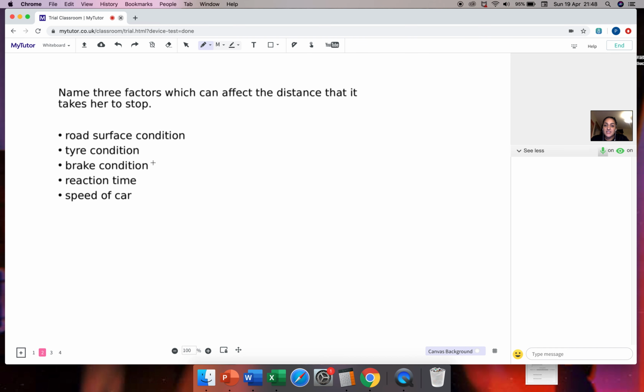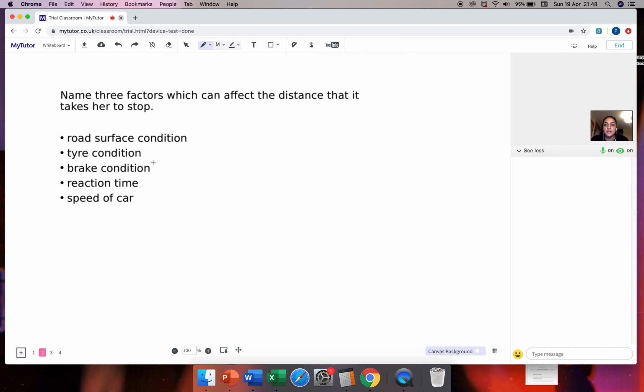Appropriate factors would be those that affect braking distance, such as road surface condition, tyre condition, brake condition, or factors that affect thinking distance, so reaction time. So all absolutely appropriate factors that would affect a stopping distance. This question is quite wide and there's lots and lots of different answers that you can write. So it's quite a nice question.